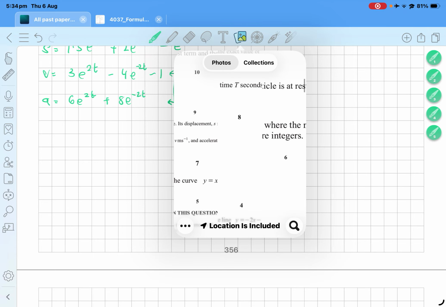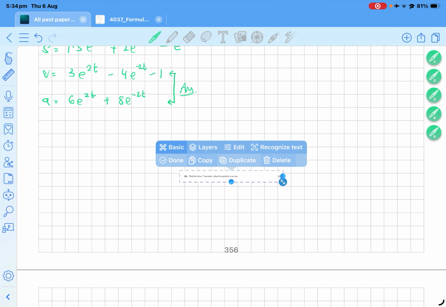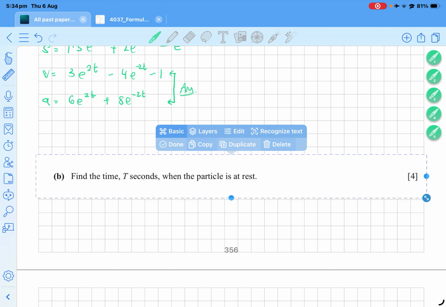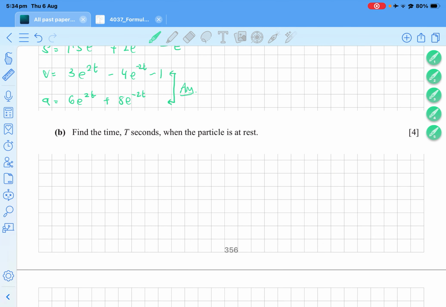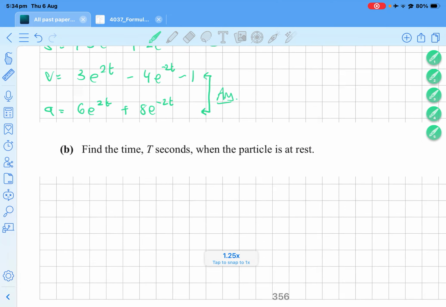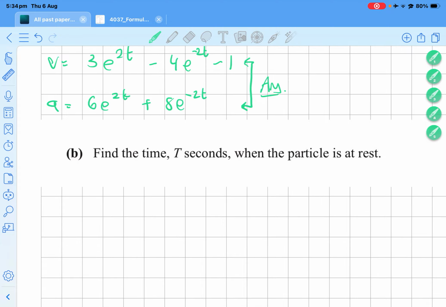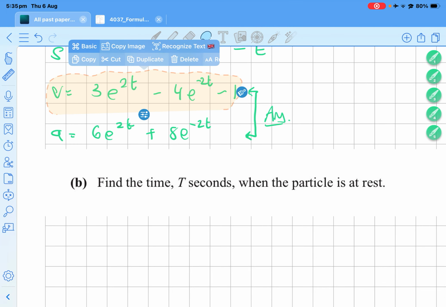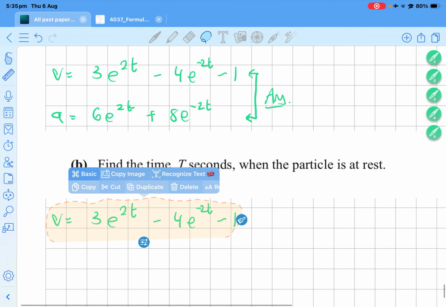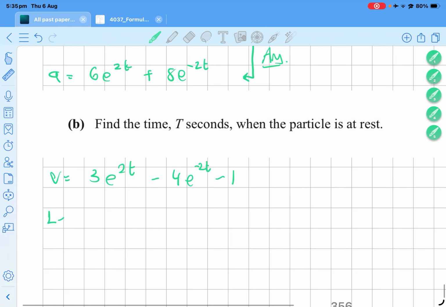Then moving on to part B. What is the time in seconds when the particle is at rest? When the particle is at rest, we want to find when v equals 0. Let me copy paste v over here. I can let u equal e to the 2t.